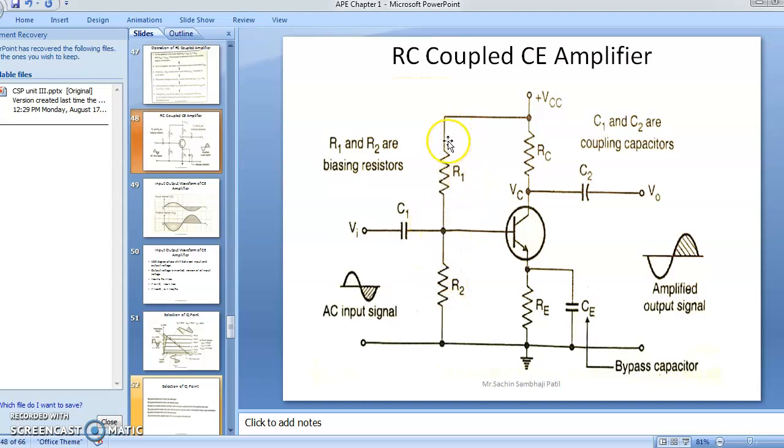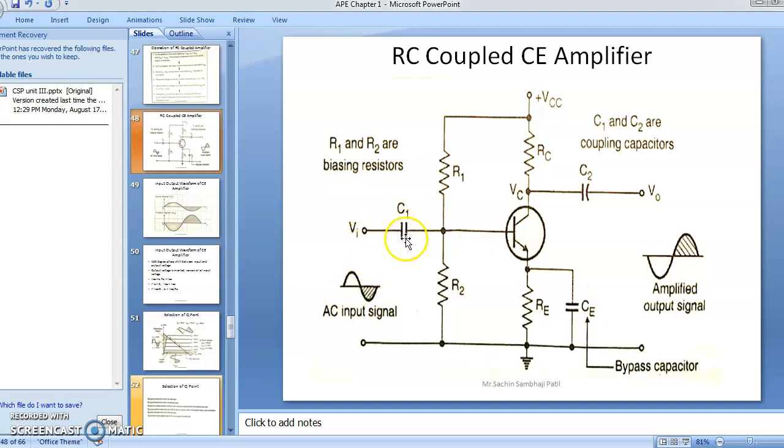R1 is connected to plus VCC and its other end is connected to the base of the transistor. R2 is connected to ground and its other end is connected to the base of the transistor. C1 is a coupling capacitor used to couple the AC input signal to the base of the transistor.